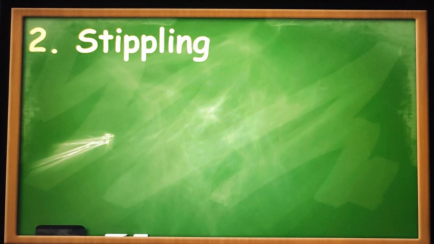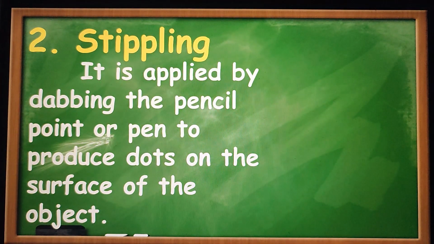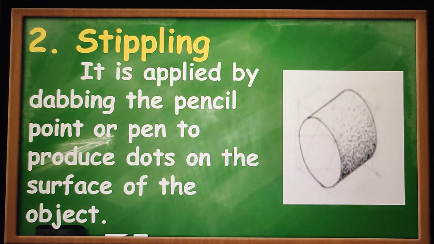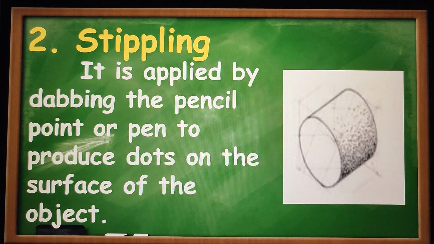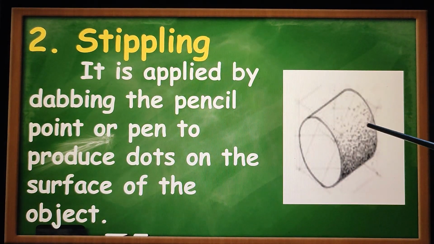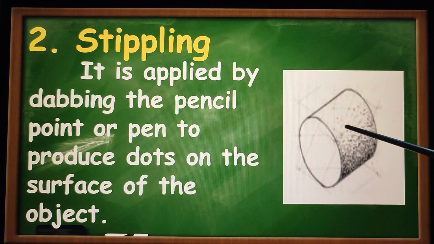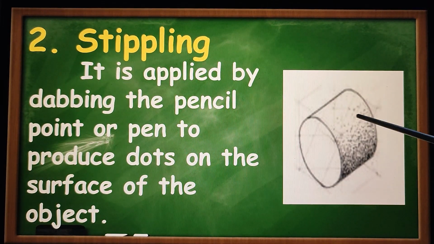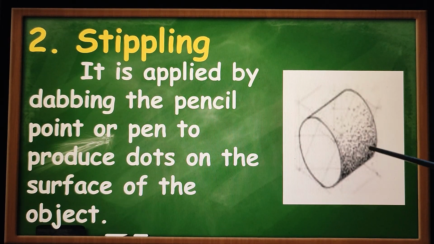Okay, next we have stippling. It is applied by dabbing the pencil point or pen to produce dots on the surface of an object. If you notice the values or the shading on this object, they use dots. The closer the dots, the less light.